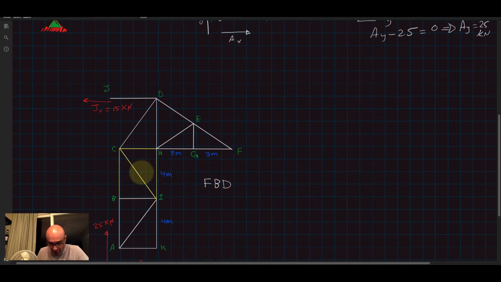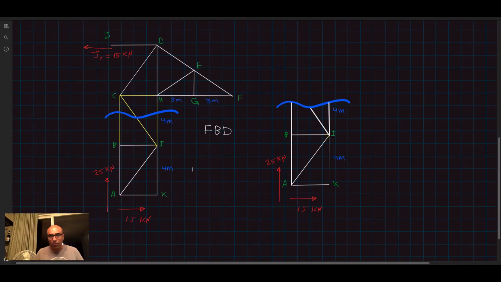So I can't go this way and then go this way. I am just obliged to section this one. Now I'm going to draw this here, and then from here we will try using the sectional method to find the forces in these members and see where that gets us.